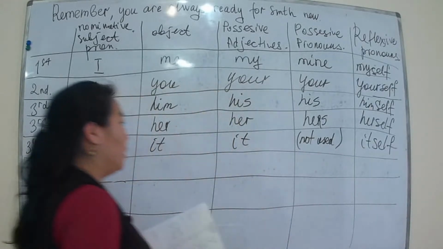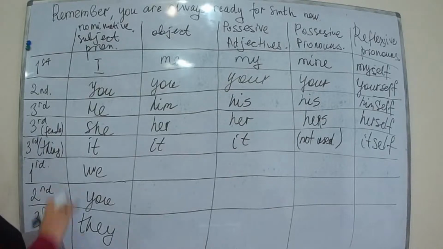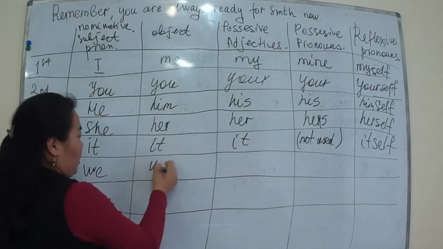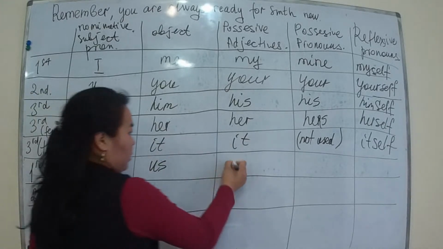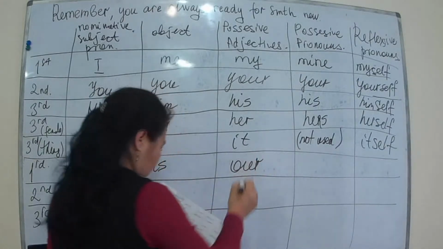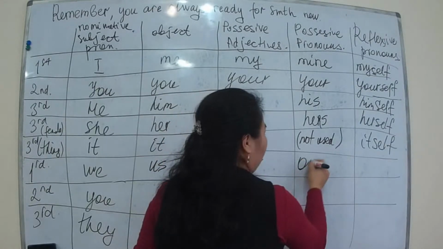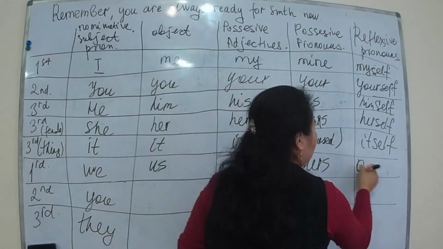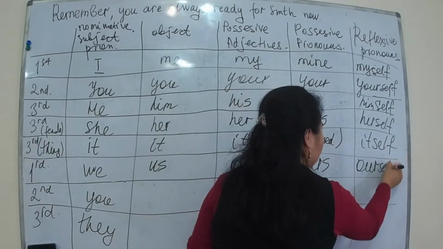So it was singular form, and now we're going to write about plural form. We, us, our, ours, ourselves.